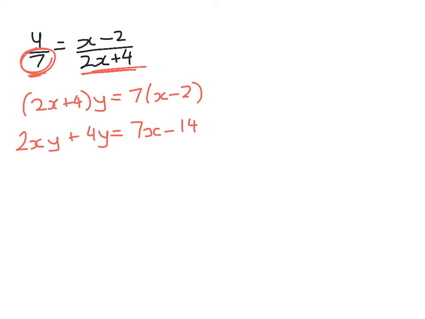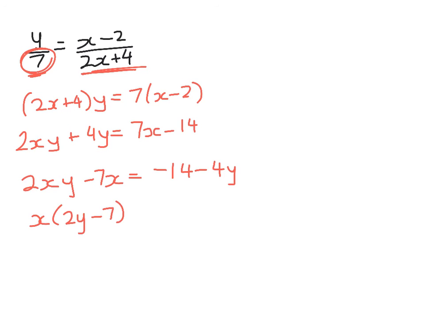Right, my mission is to isolate x, so I collect up terms with x on one side, terms without x on the other. Factorise the x, and divide through by (2y minus 7).